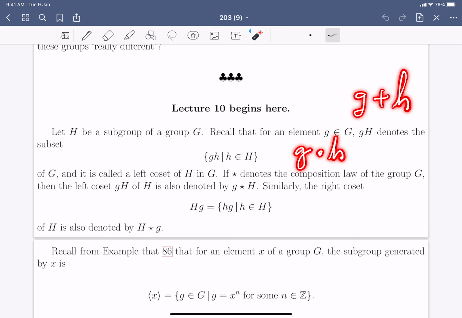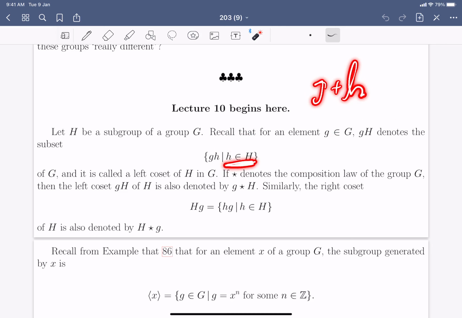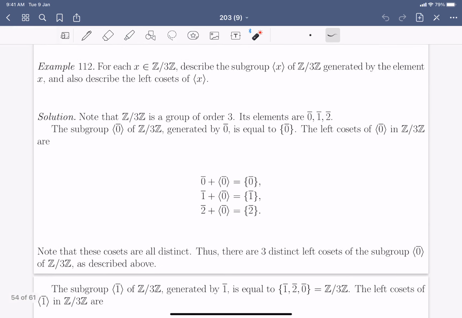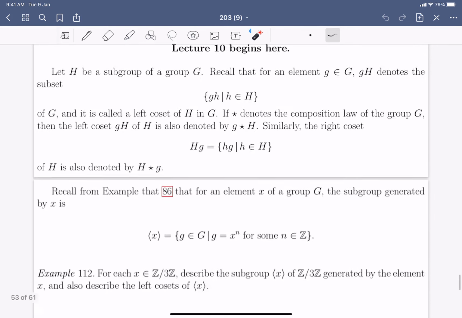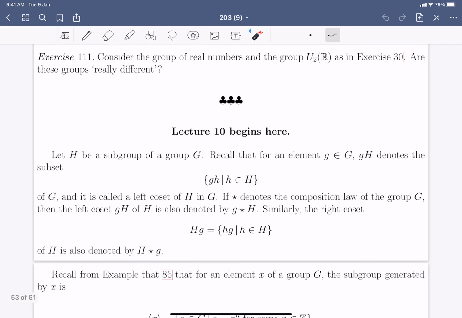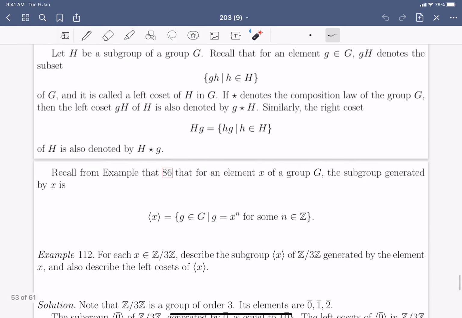So you have to collect the elements of the form g plus h, where little h varies across the subgroup H. Recall that g times H is sometimes denoted g star H.